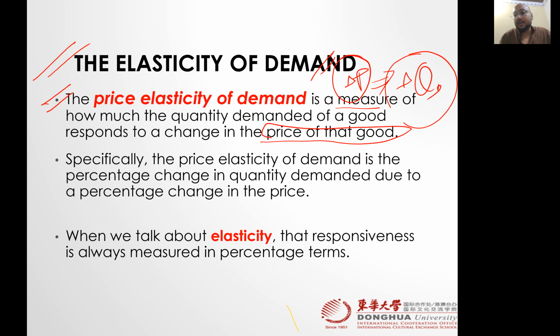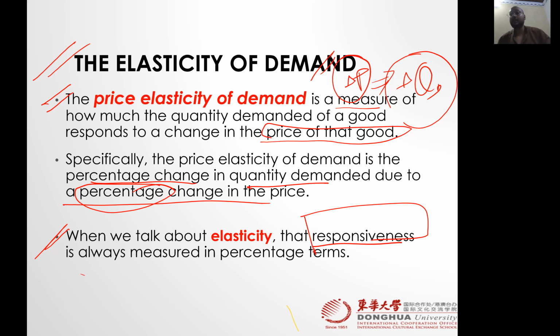So the price elasticity of demand is the percentage change in quantity demanded due to a percentage change in price. So you can also develop the formula as well. What we want to talk about here, in mathematical terms, is responsiveness. Why are we talking in percentages? Because we want to find out the responsiveness. If we increase or decrease price by 1%, 2%, 3%, what will happen to my quantity demanded?